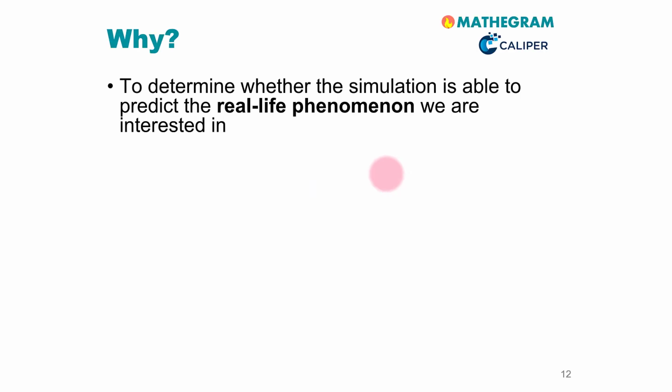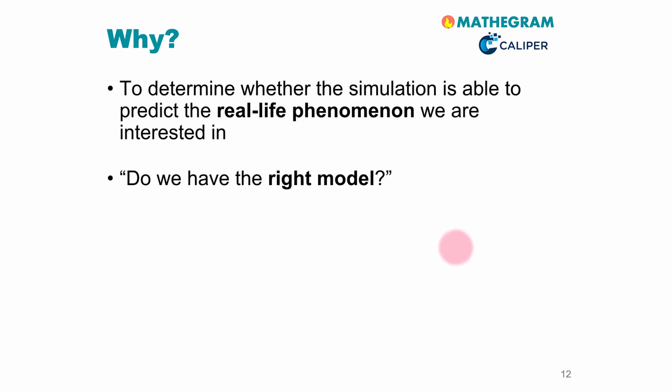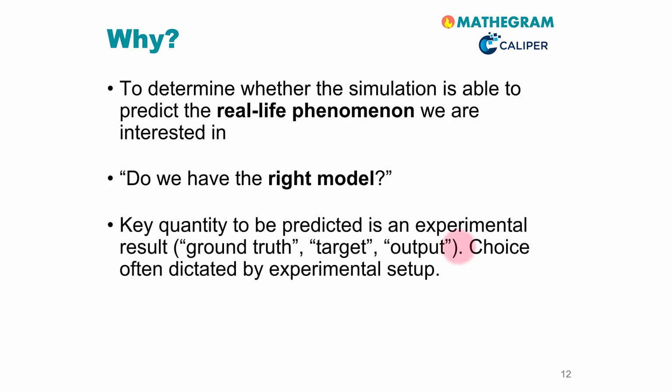Let us now look into the term validation. We have seen that validation refers to whether the simulator can predict a real-life phenomenon or not. So the central question when you're doing validation is, do we have the right model? The key quantity to be predicted is, of course, an experimental result.